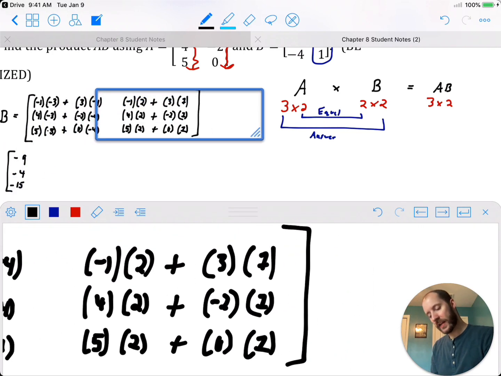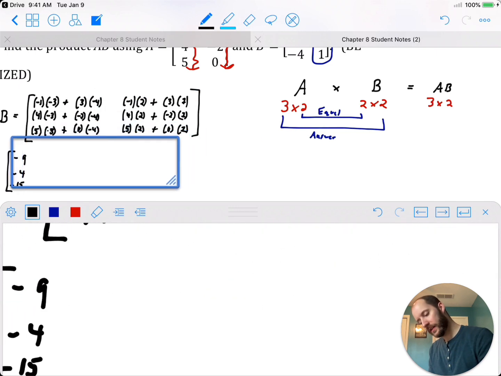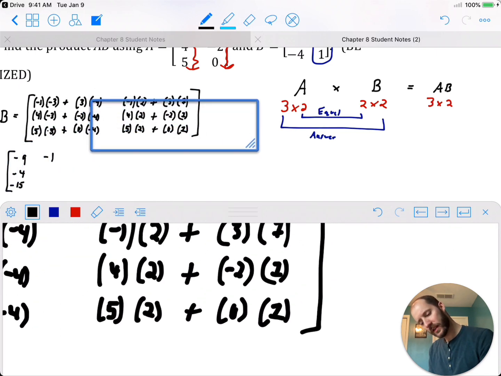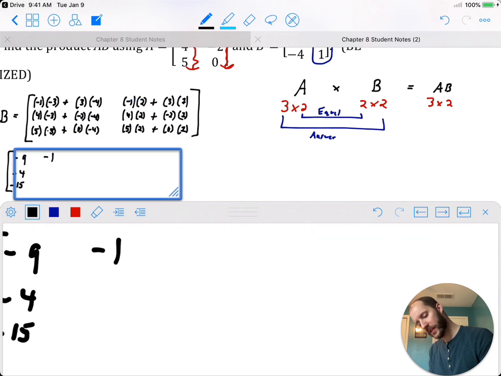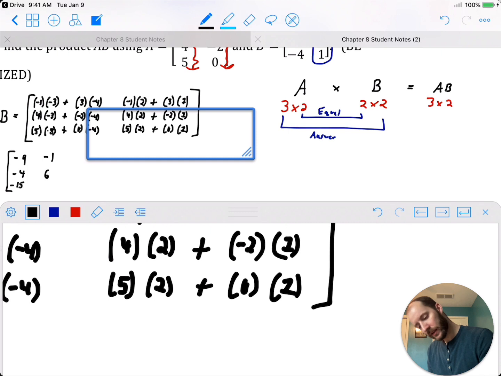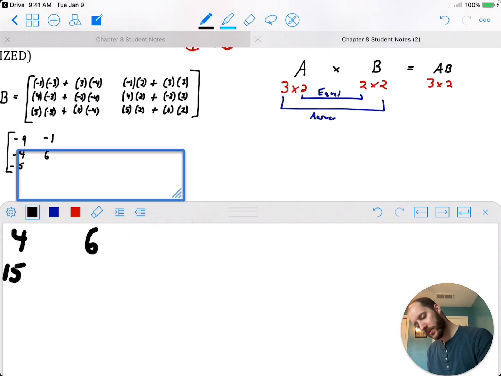And now -2 and 3, -1, boy, lots of negatives. 8 and 8, hey, plus 6, good for us. I don't know why, but okay. And 10 is 0, is 10.